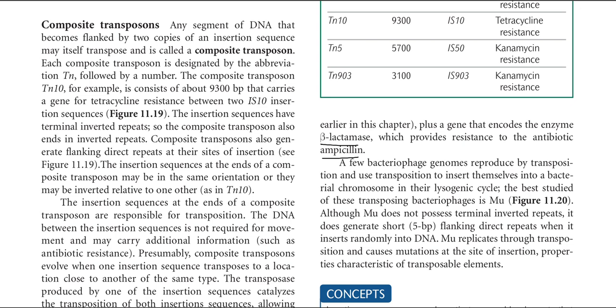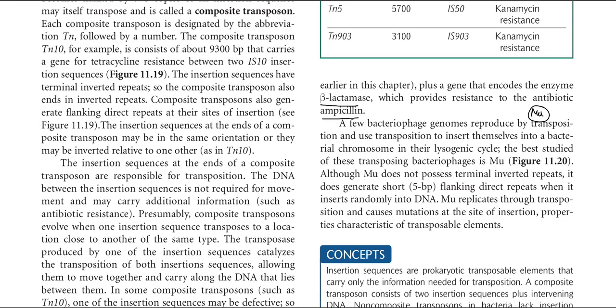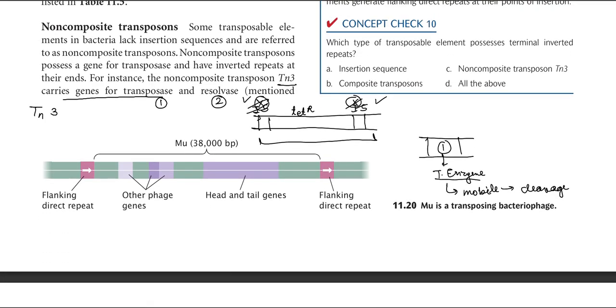The last important one is the transposing bacteriophage, which is represented by Mu. There are some things which you need to know about them. First of all, these transposing bacteriophages can insert themselves in the host DNA during their lysogenic cycle, meaning their infection cycle. Secondly, they do not have the terminal inverted repeats.